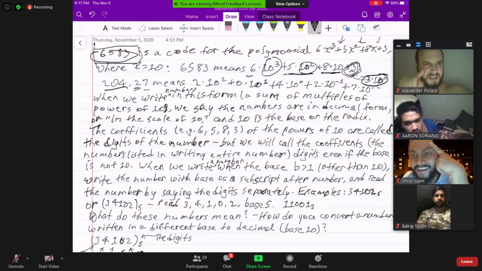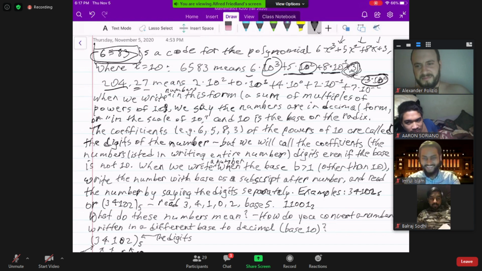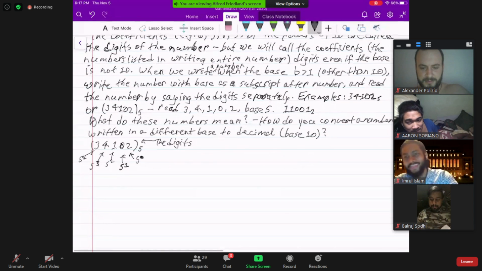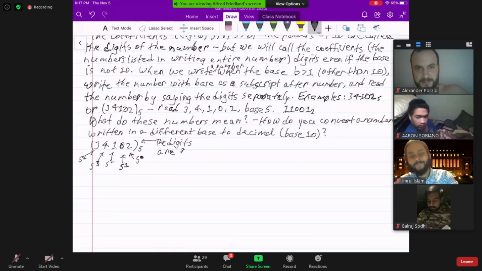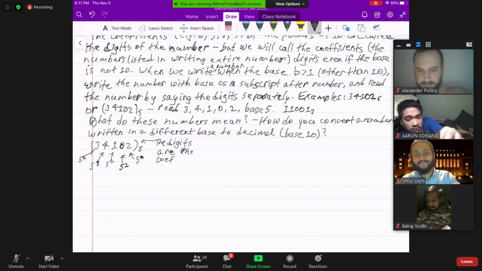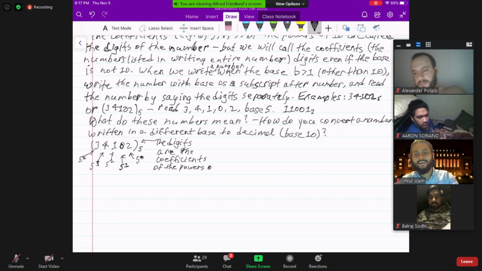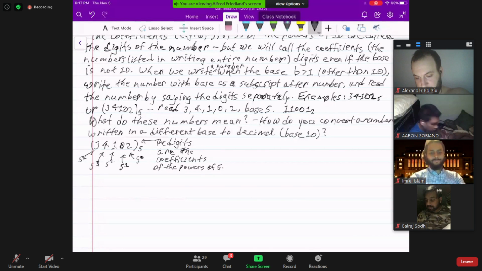The next one was 10 to the first, and then 10 to the second, 10 to the third. So it's exactly the same thing here. The digits are the multipliers, the coefficients of the powers of, in this case, 5.